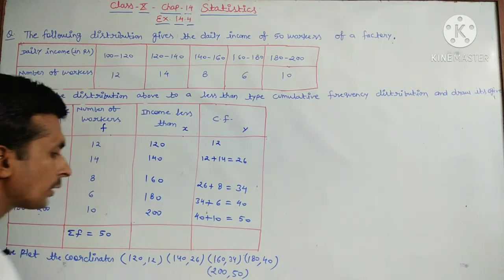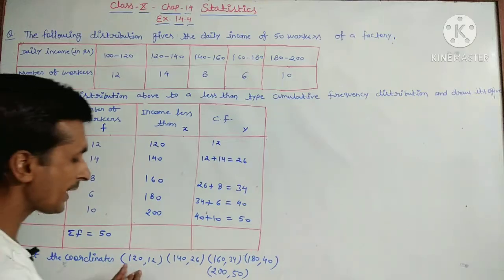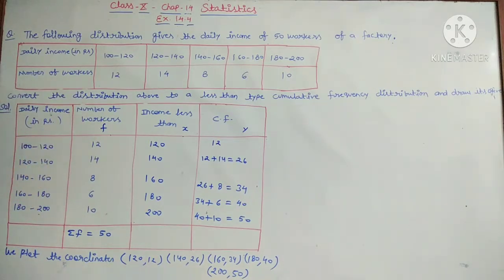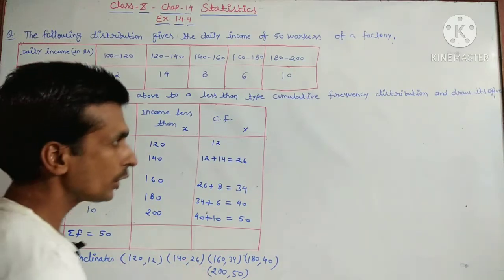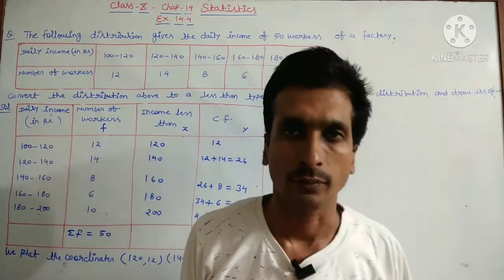So these are the coordinates. The first value represents x and the second value represents y. These are the coordinates you have to plot on the graph.